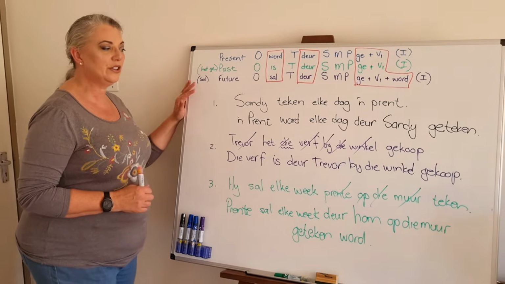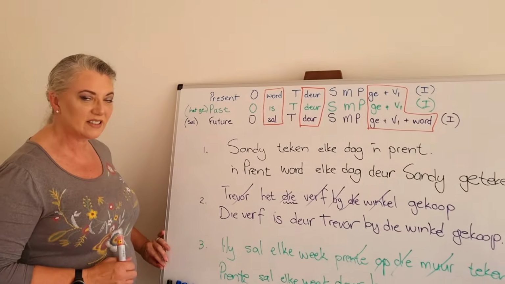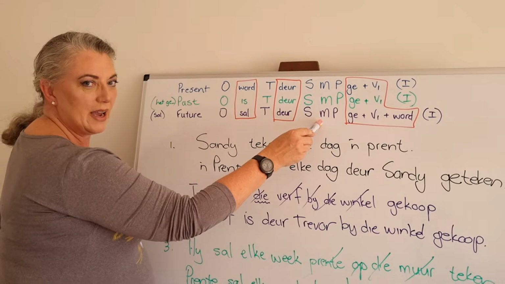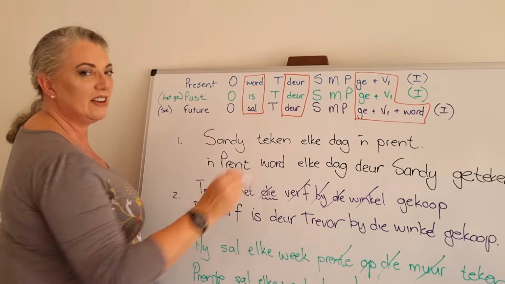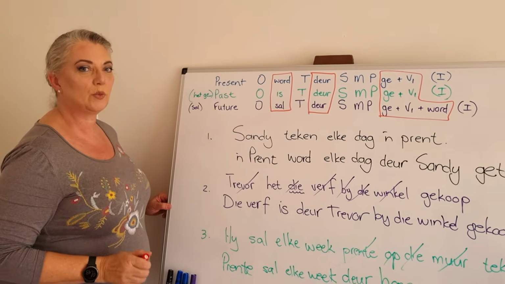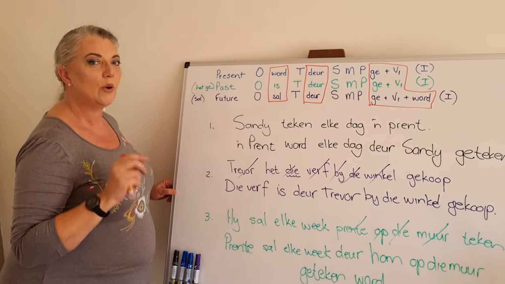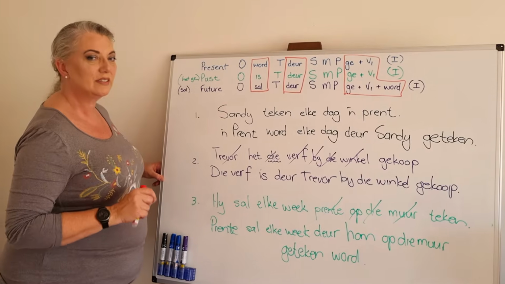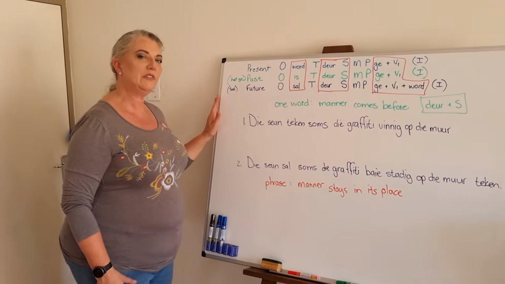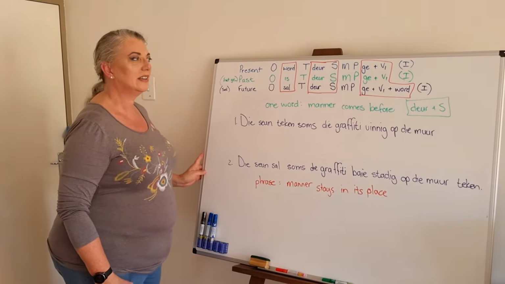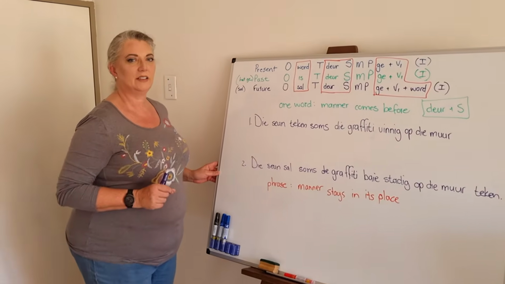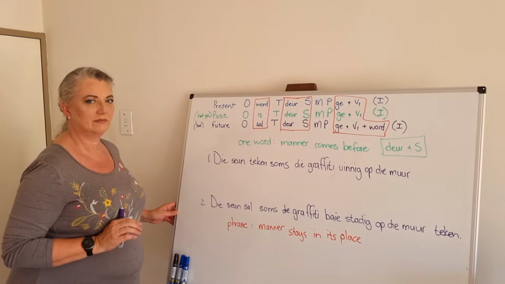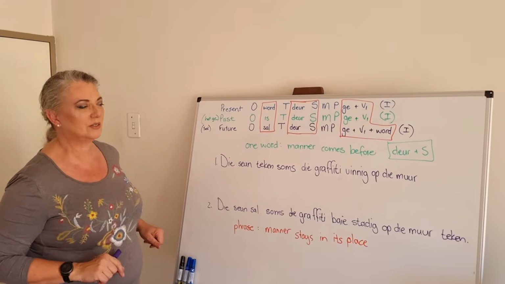What is very noticeable about these sentences is that I did not include manner. The placing of manner depends on whether it's one word or a phrase. Would you like some examples? The previous sentences we looked at did not have manner because there's a different way to look at manner. But it's not that difficult.